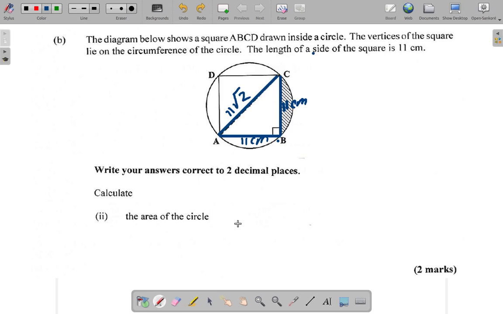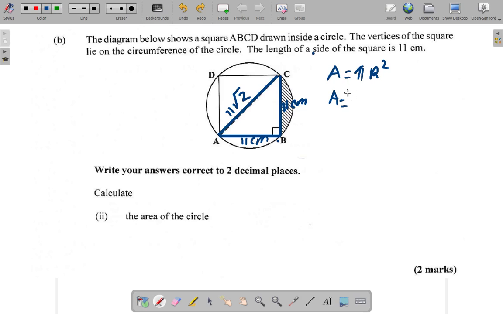The area of the circle. Now, the area of a circle is pi times r squared, pi multiplied by the radius squared. Right? We want to calculate that. So the area of this circle is pi. You could use the full pi on a calculator, right?